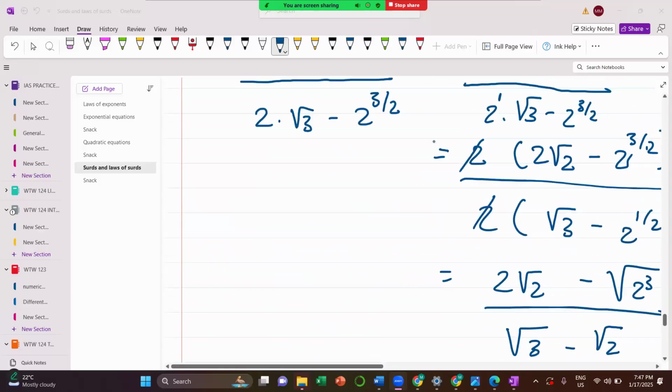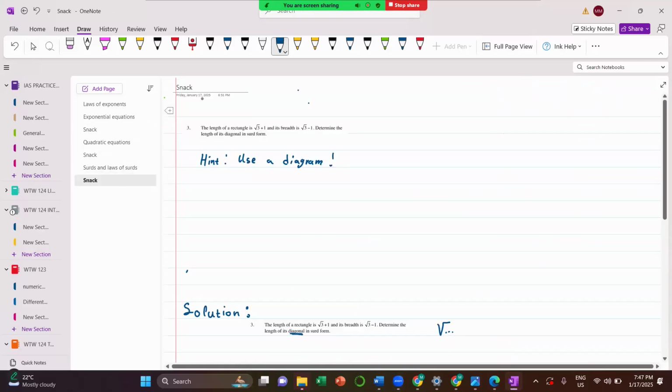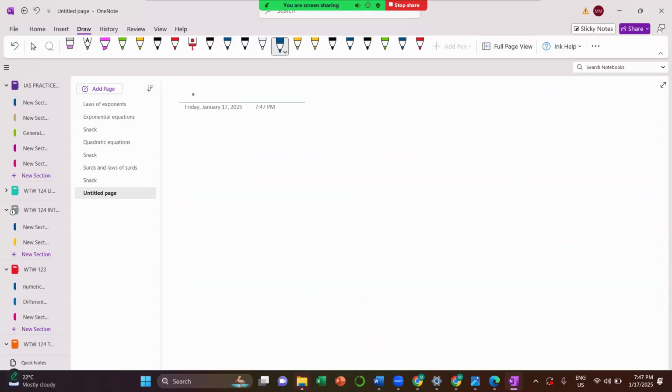So now let's continue with probably the work of the day. Let me add a page. What we are doing today is called rationalizing the denominator.